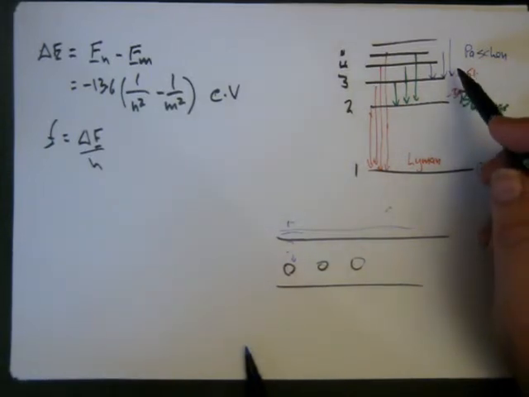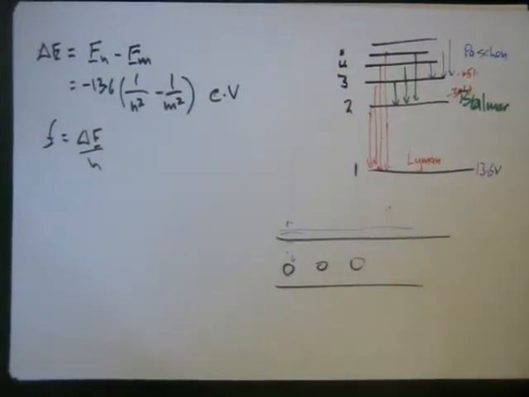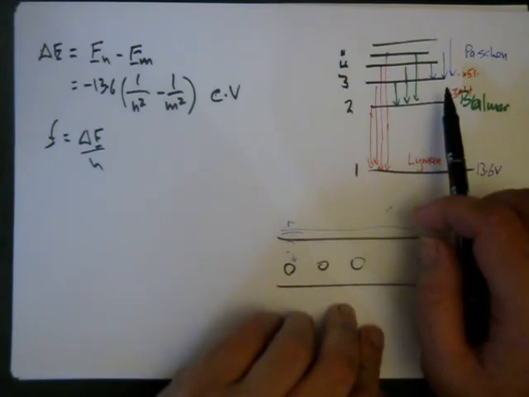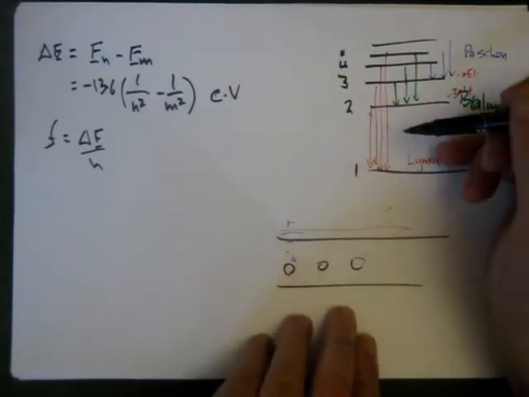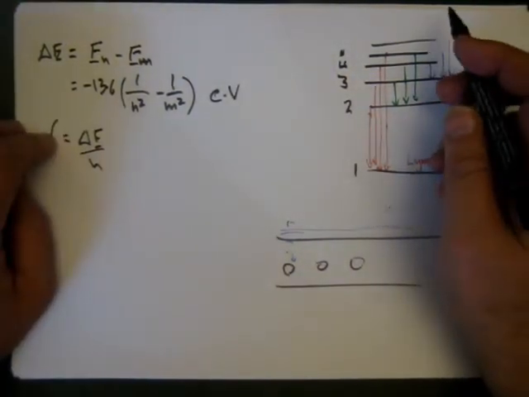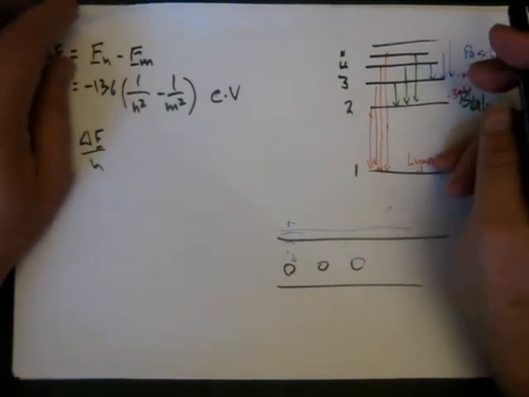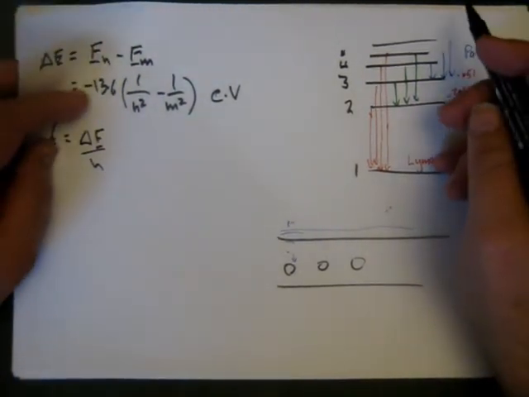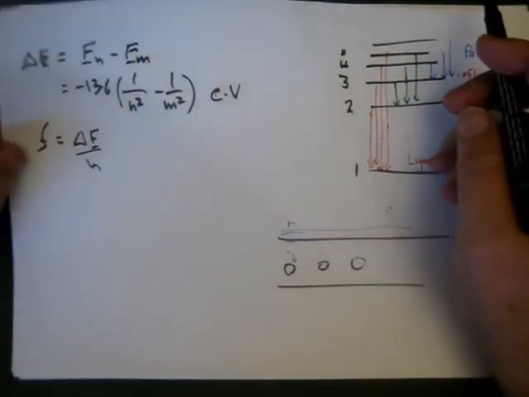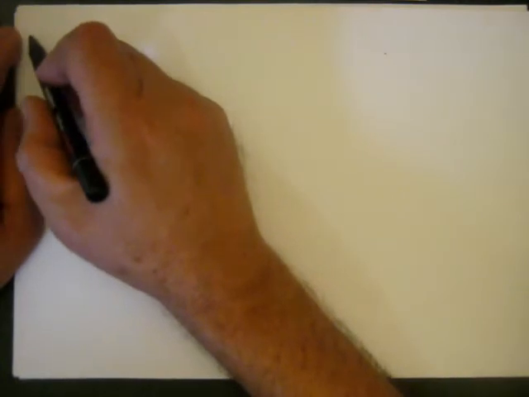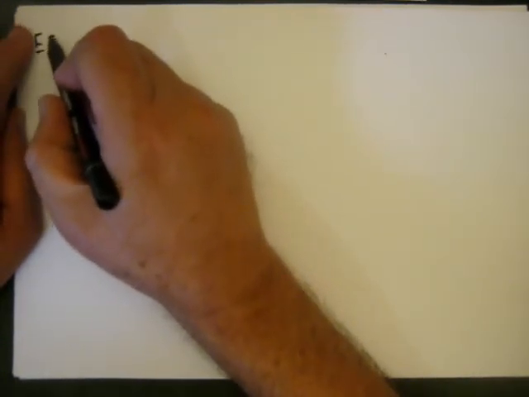Okay, so anyway, what's happening at this point is, basically, how much energy is required here. So let's actually do an actual example. Find the energy and frequency. This is example 8.4.